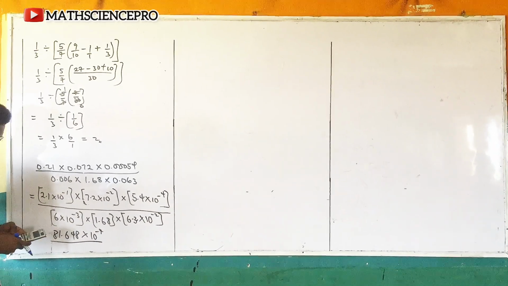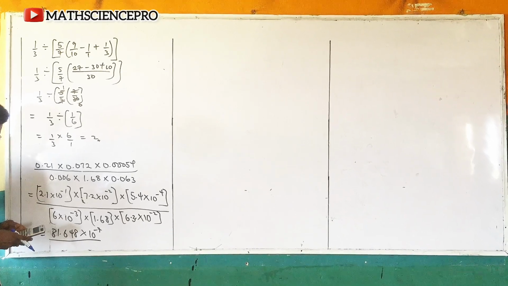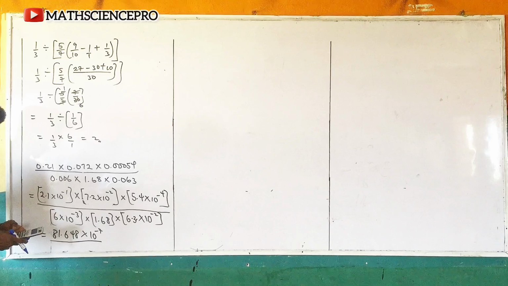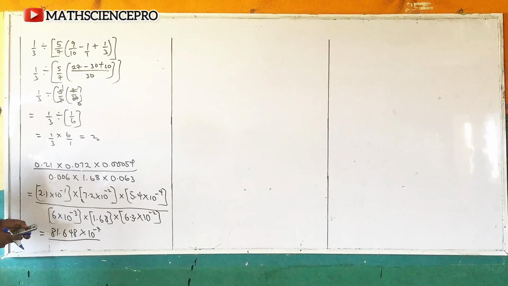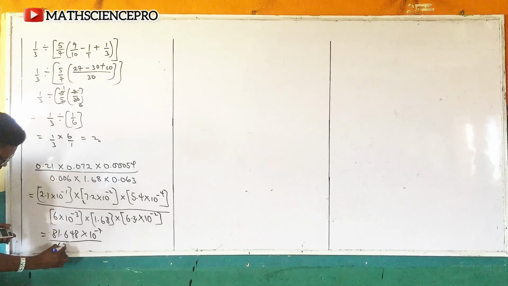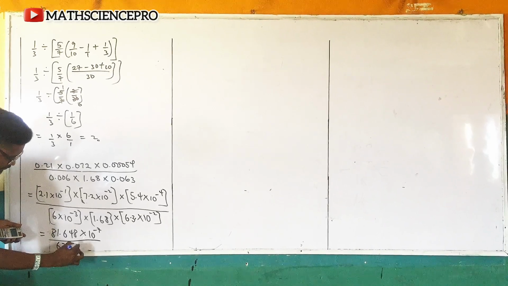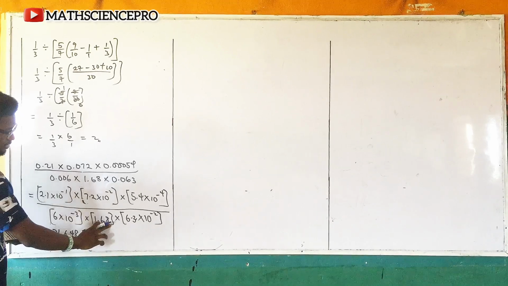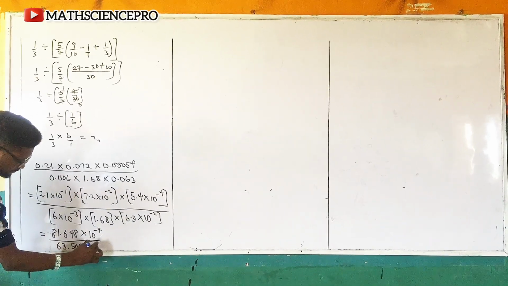So I'm having 6 multiplied by 1.68 multiplied by 6.3. That's going to give me 63.504, multiplied by 10 raised to negative 3, 0, negative 2, that's 10 raised to negative 5.